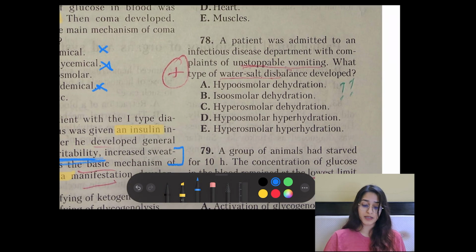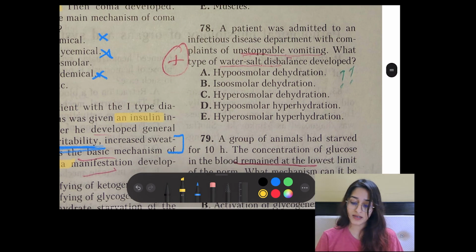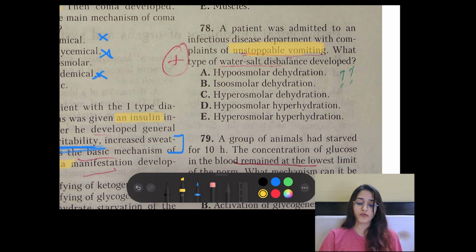A patient was admitted to an infectious disease department with complaints of unstoppable vomiting. So you see, the patient has unstoppable vomiting. First of all, fluid is getting out of the body, so it will be dehydration. Now, all the nutrients that the patient was supposed to absorb from the gastrointestinal tract cannot be absorbed.